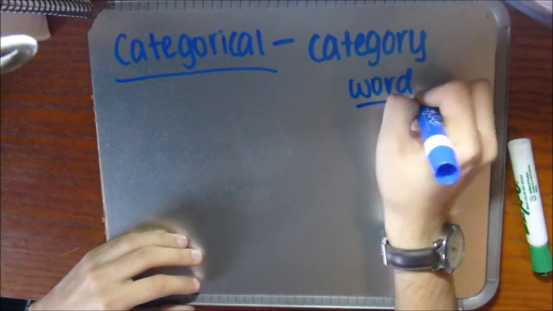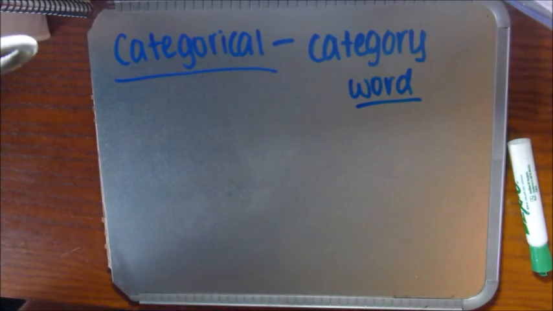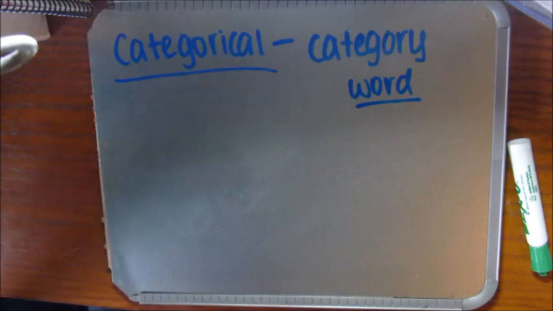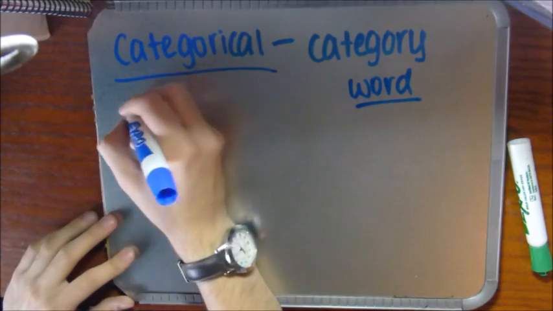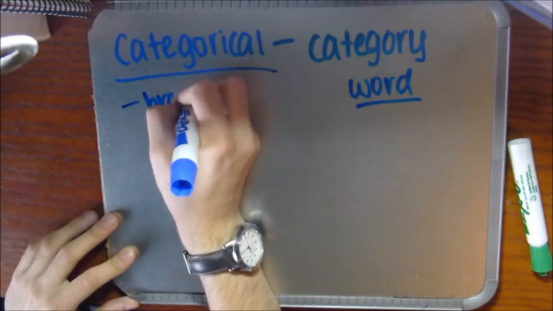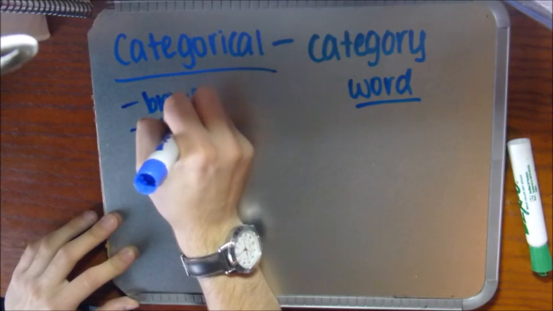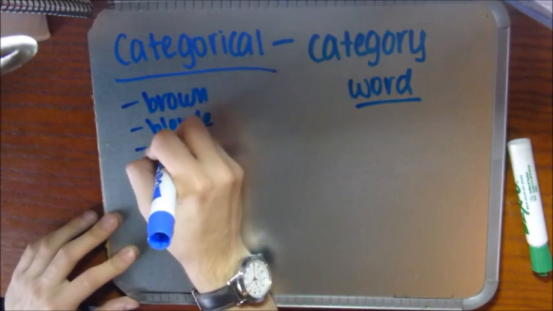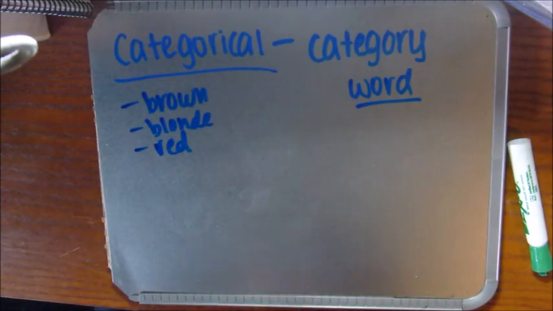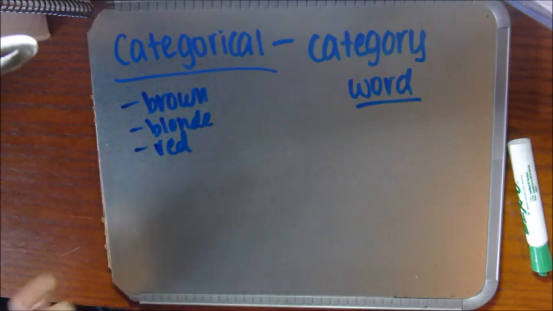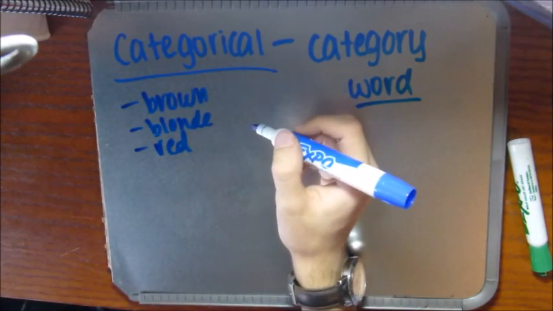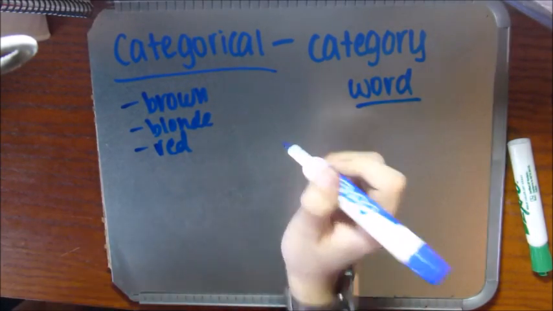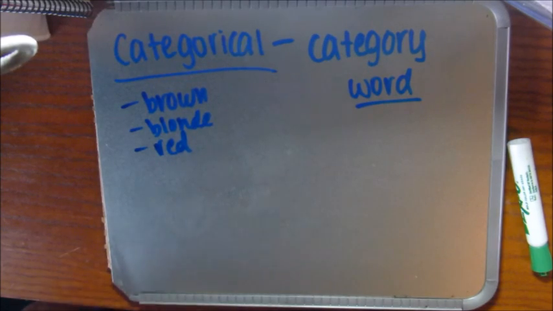are word responses. An example of this would be asking what someone's hair color is and taking a survey on that. You could get answers like brown, blonde, red. It's that kind of thing, word responses. Another example of categorical data would be, what's your favorite book?